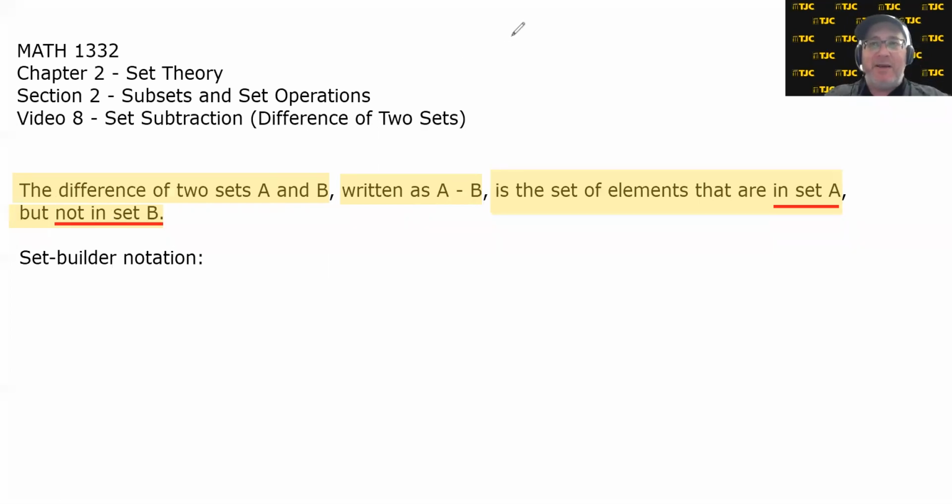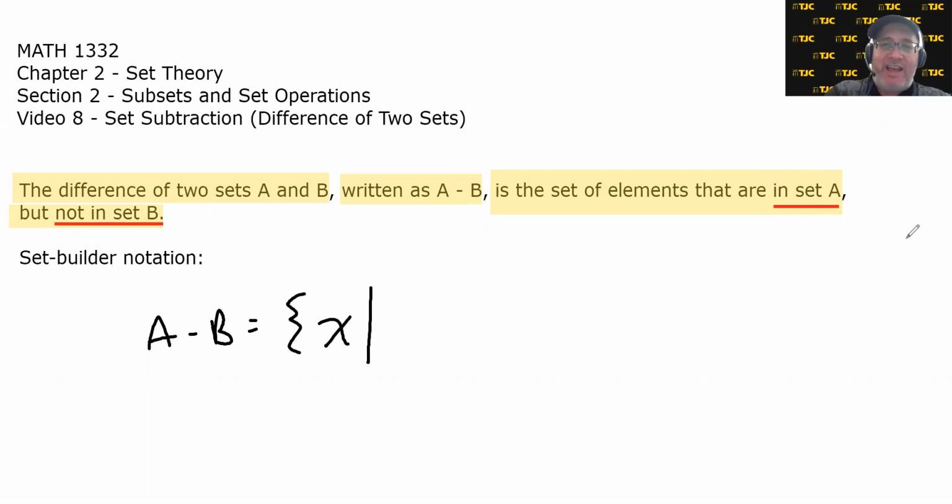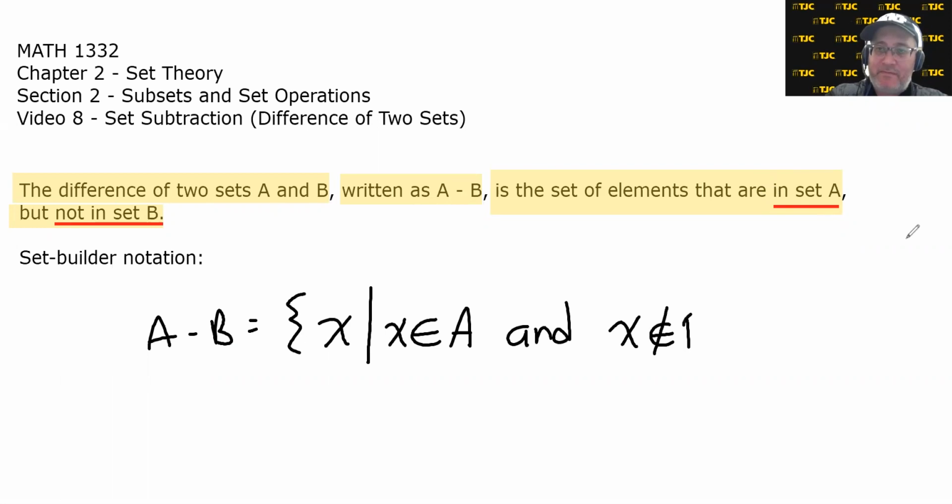If we were to write this in set builder notation, it would look a little something like this. A minus B is the set of x's such that x is in A, that means x is an element of A, and at the same time, x cannot be an element of B. So whatever belongs to the first set but doesn't belong to the second is in our difference A minus B. Now, where's the subtraction nature of this?